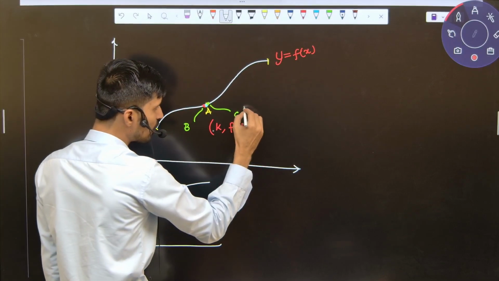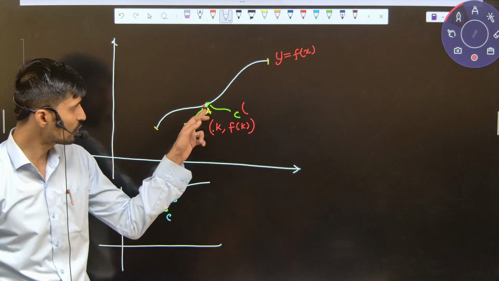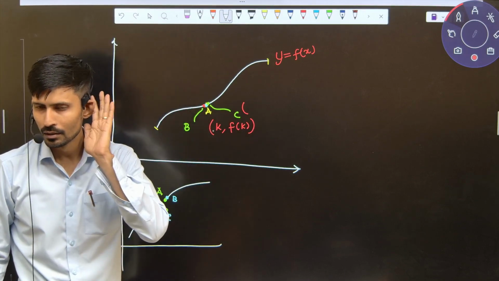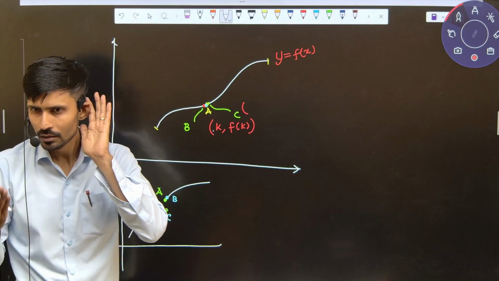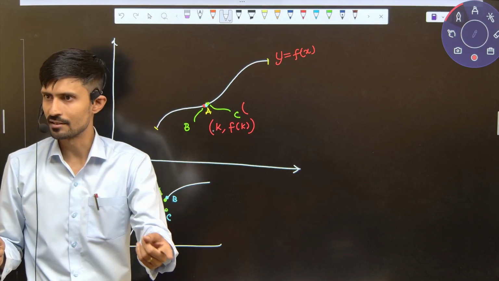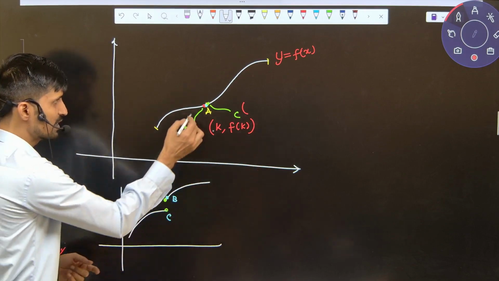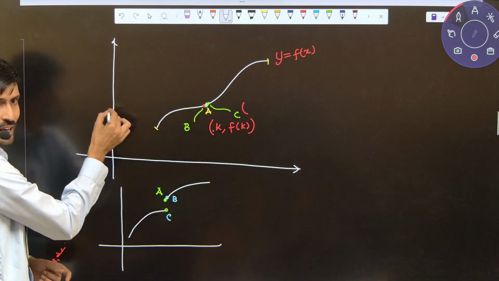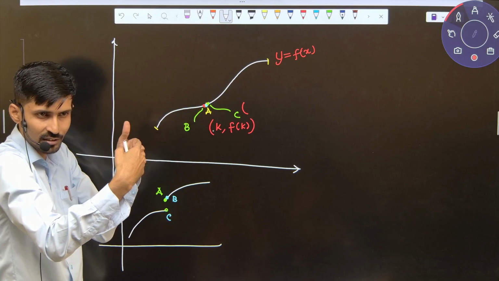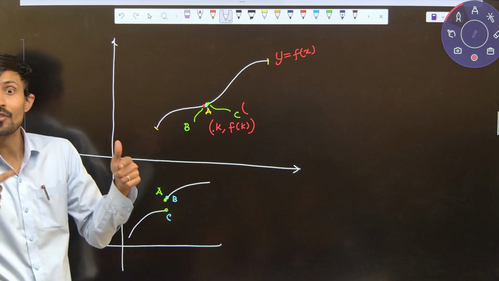So can you tell me what will be the x coordinate of C? If the x coordinate of A is k, what will be the x coordinate of C? K plus. It means if A's distance from the y-axis is 5 and C is just the next point, then what will be the distance of the next point from the y-axis? 5 plus.